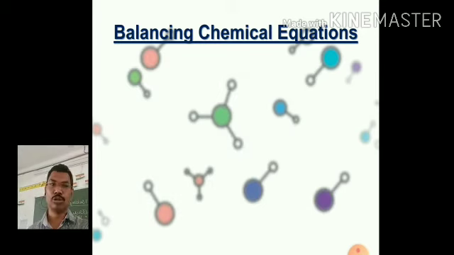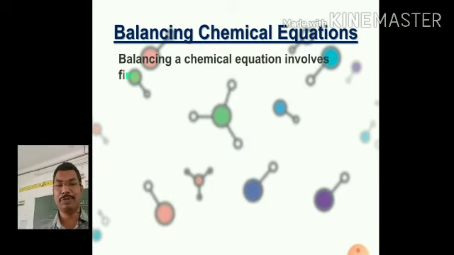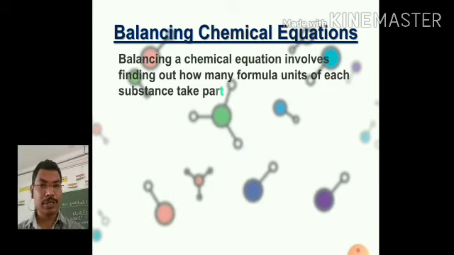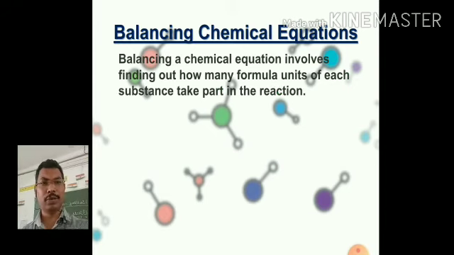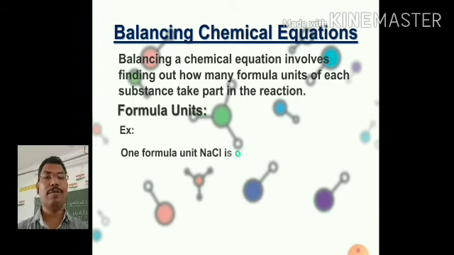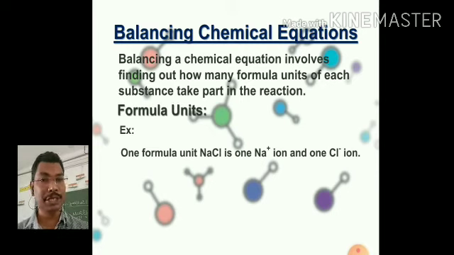Right, let us go. Before balancing, first we need to know about the formula unit. So what is a formula unit? Let us check by example. One formula unit of NaCl means it provides one sodium atom and one chlorine atom; in regular cases, it is one Na+ ion and one Cl- ion.